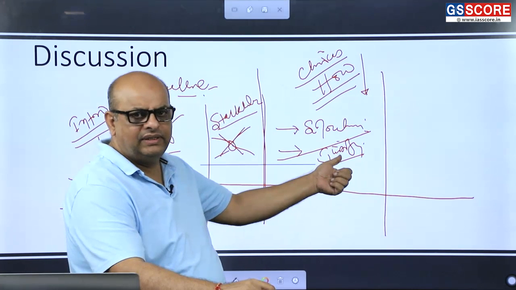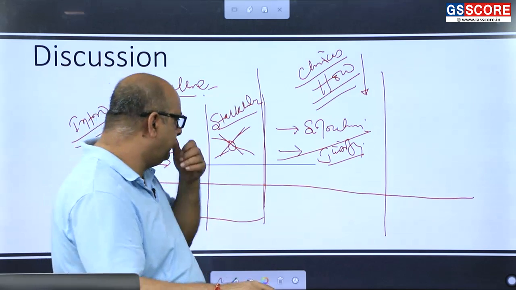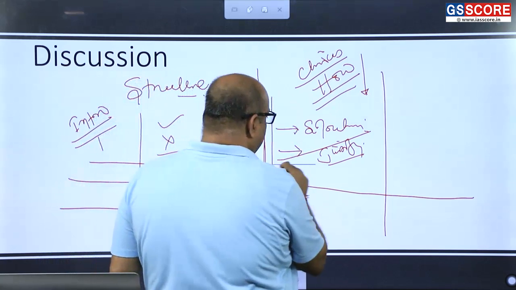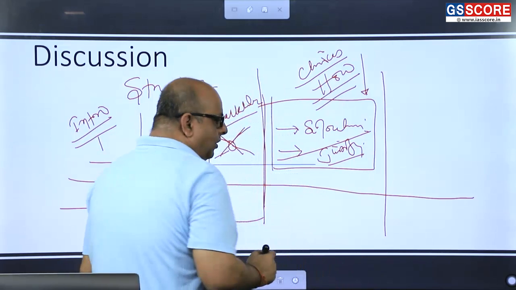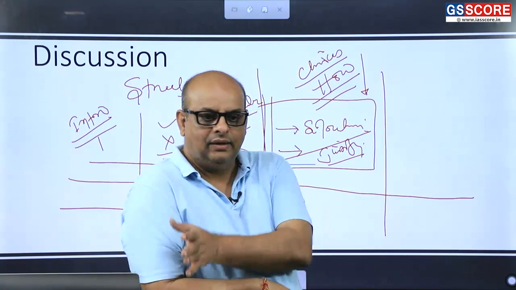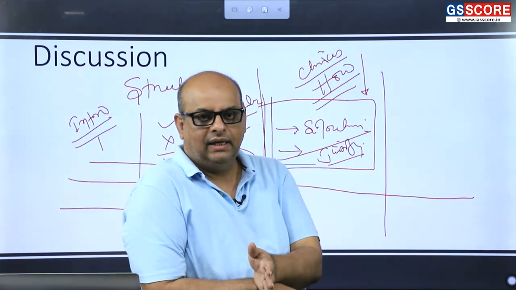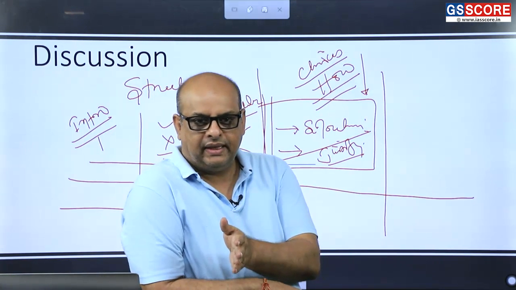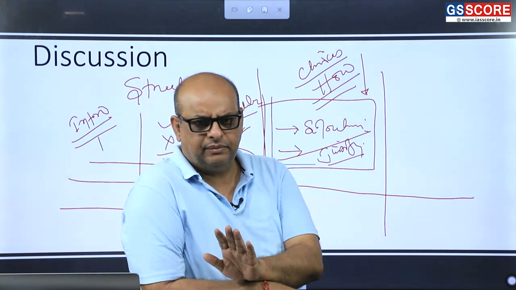There is no need to write much because you have to complete the paper also. It's very important to understand that you have to complete the paper. Also, it's not necessary to present one extreme option, another extreme option, and in between one option which is more correct. So don't follow this approach.